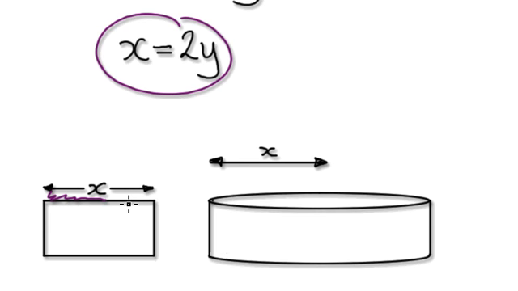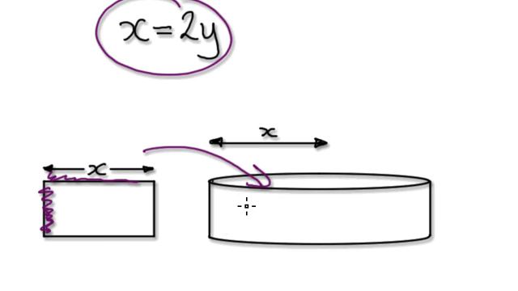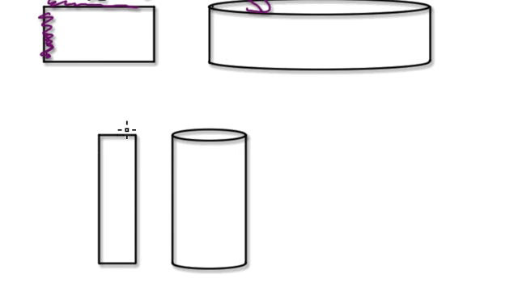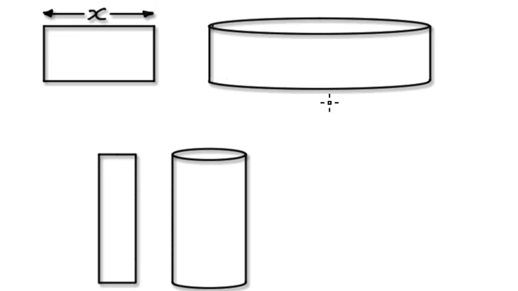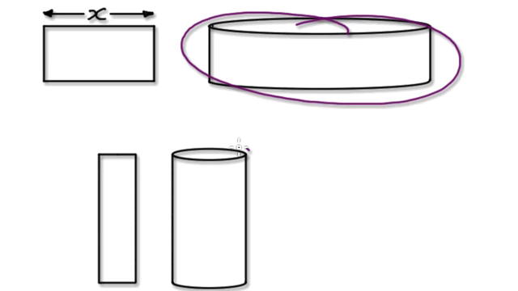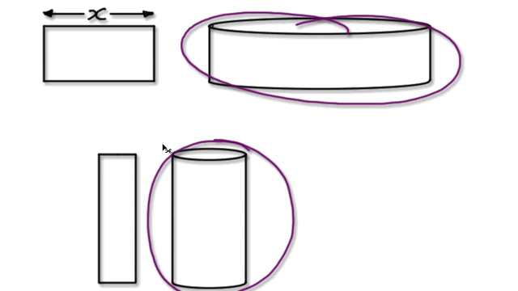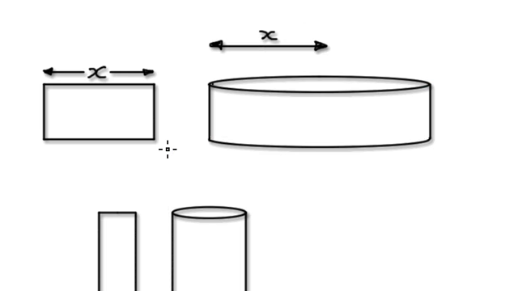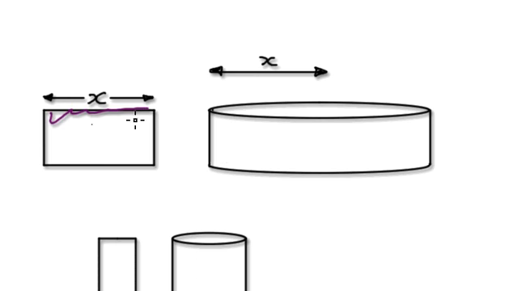If you make this length twice the length of the height here, then you're going to get the maximum volume. This rectangle here is not twice the length of this, so look at the difference in the two volumes. This one seems to be a lot bigger than this one. So if you want to maximize the volume, then make this length twice the length of this.